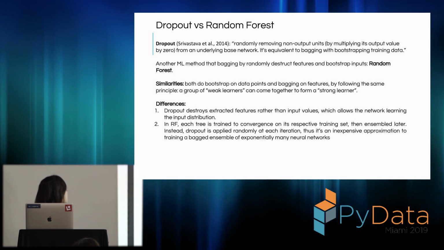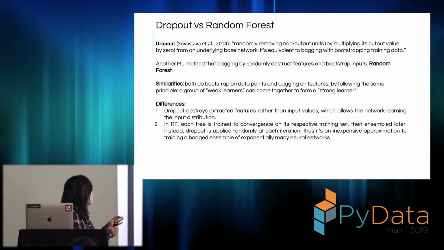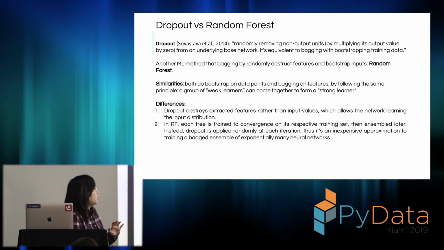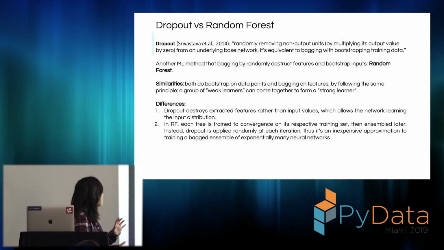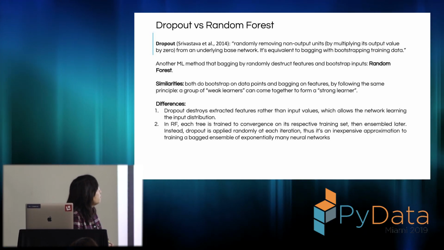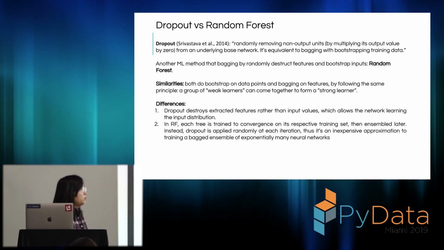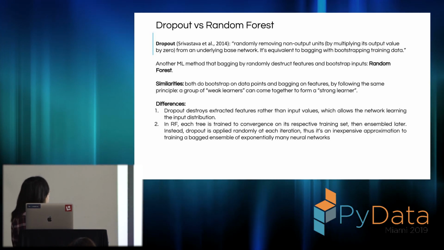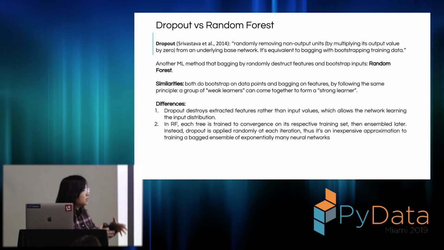But the difference here is that what random forests do is destruct the input data, but what dropout does is destruct the hidden layers, which means destroying the extracted features. So it still allows the network to learn the whole input distribution. Another difference is that random forest is doing the bagging and bootstrapping literally.